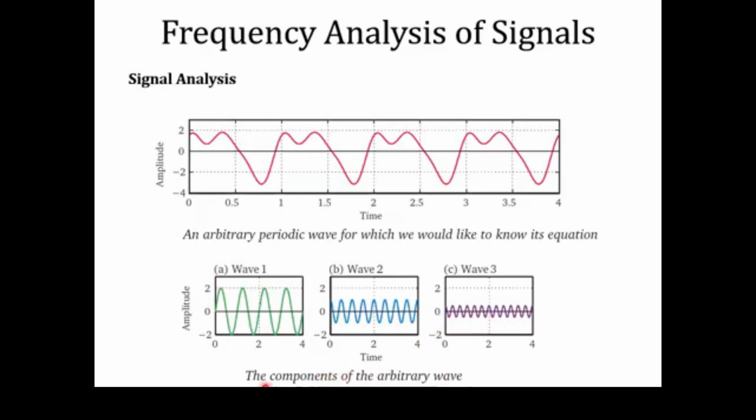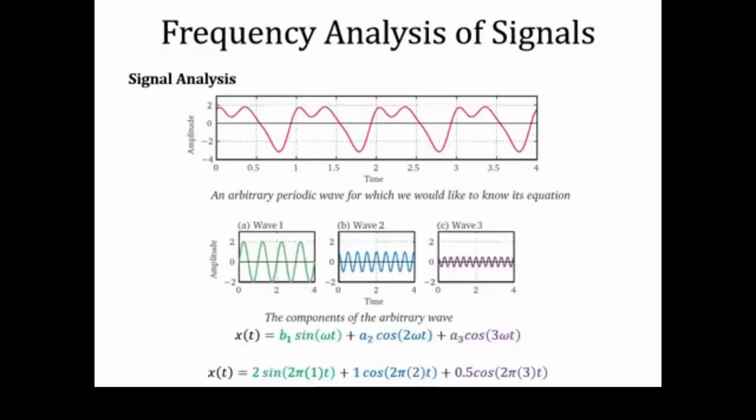So after knowing that the given non-sinusoidal signal is simply a composition of these sinusoids, now we can write a mathematical expression of this signal, this non-sinusoidal signal, in terms of sinusoidal signal very easily.